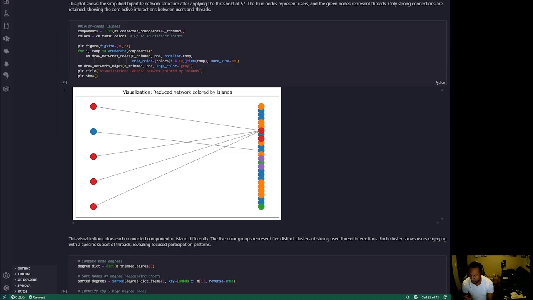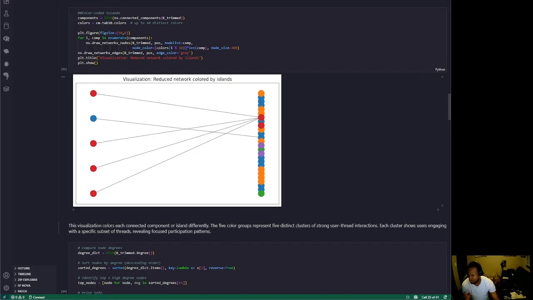The blue nodes represent users and the green nodes represent threads. By filtering the most active users and threads, the graph highlights the core community engagement, showing which users participate across multiple discussions and which threads attract the most attention.